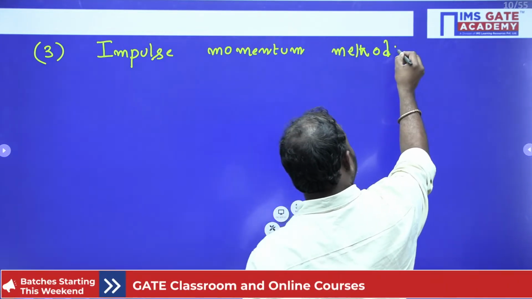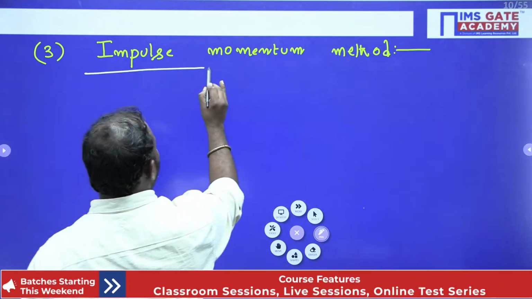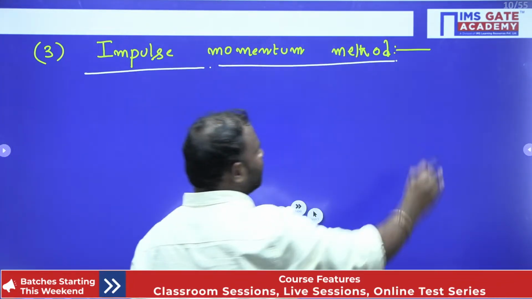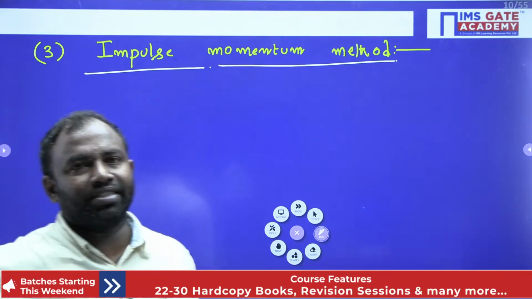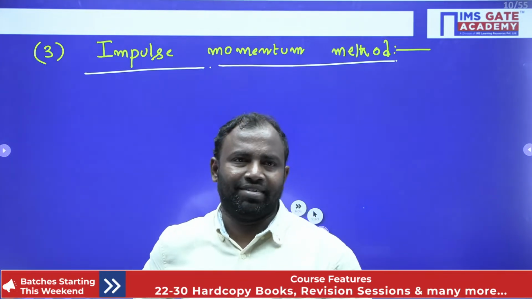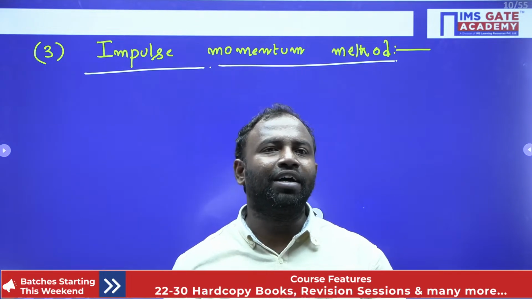This method states that impulse force is equal to change in momentum. So what is impulse and momentum? We know that force into perpendicular distance gives the moment, right?